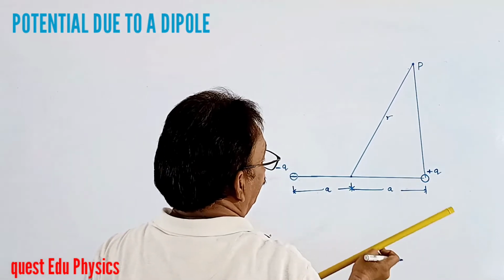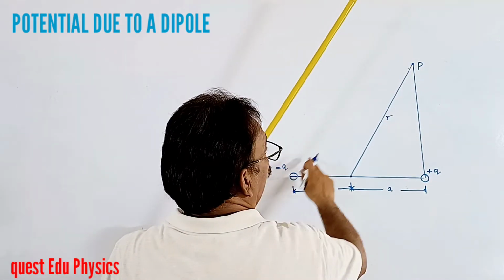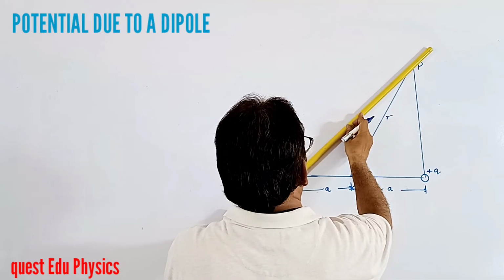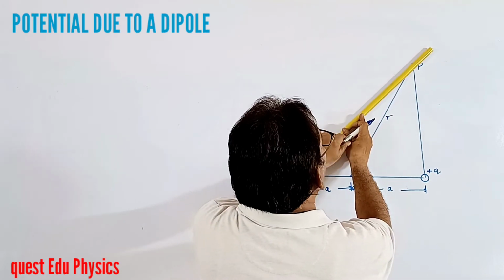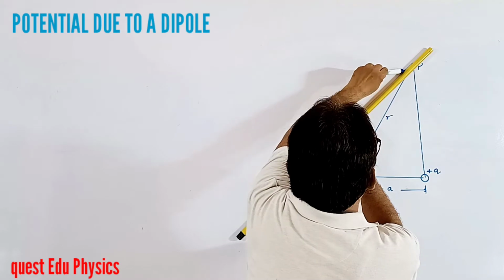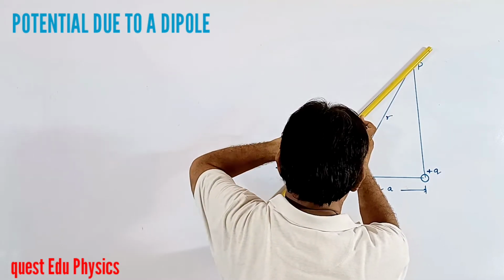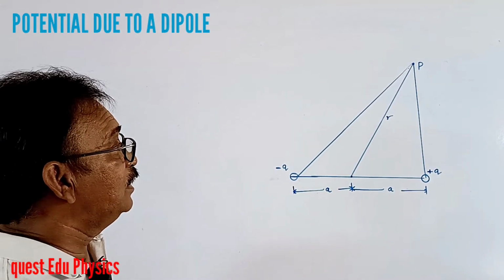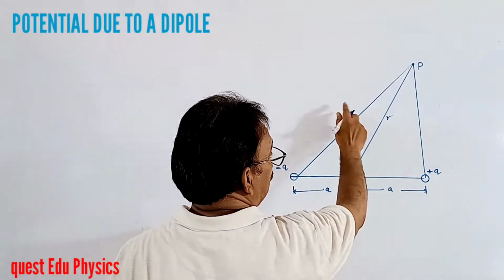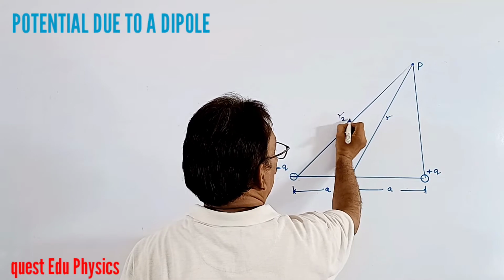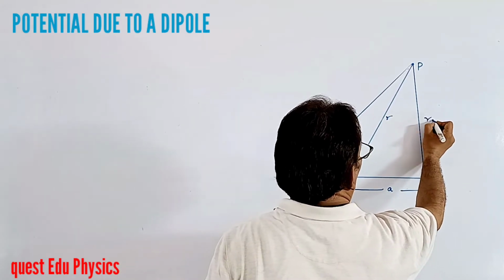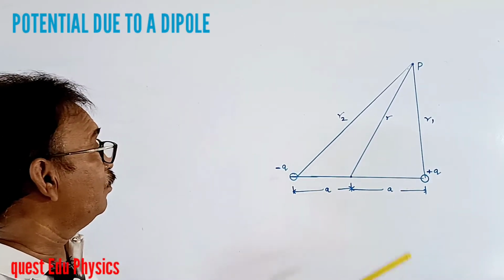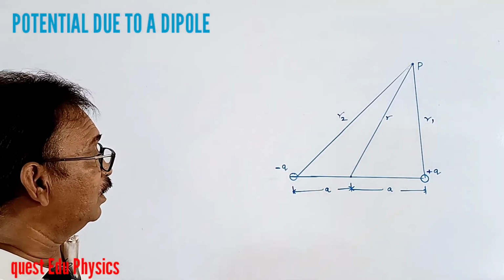In the same way, from here to here, we have to find the distance. Let's say this distance is R2 and this one is R1.